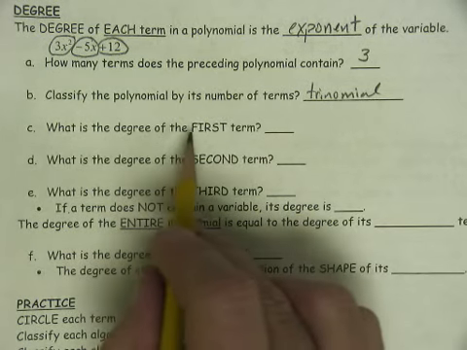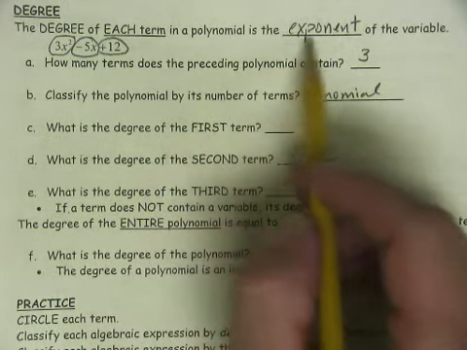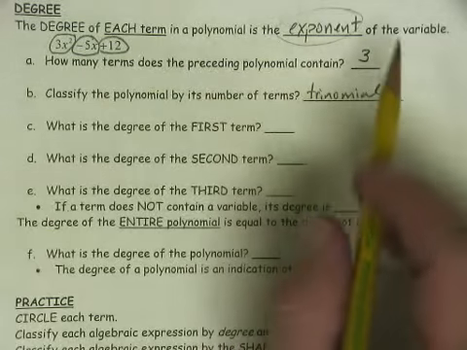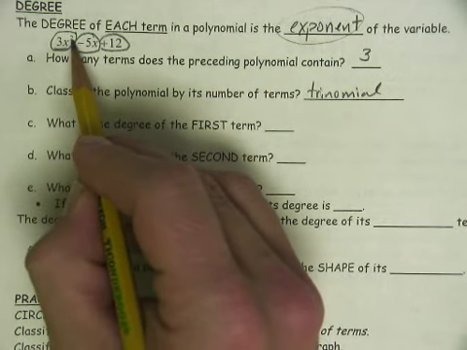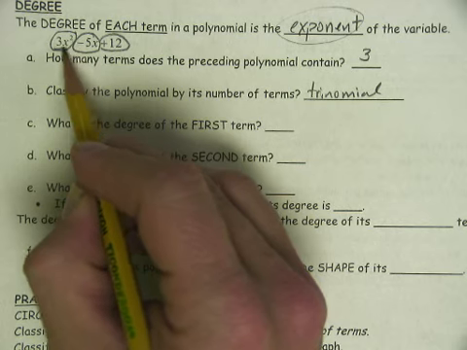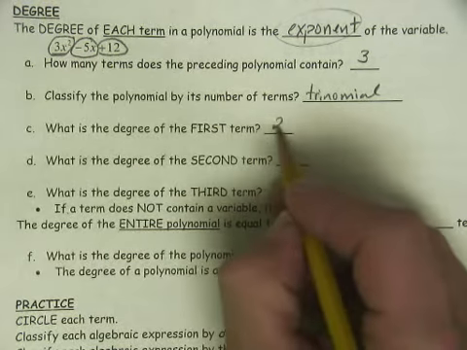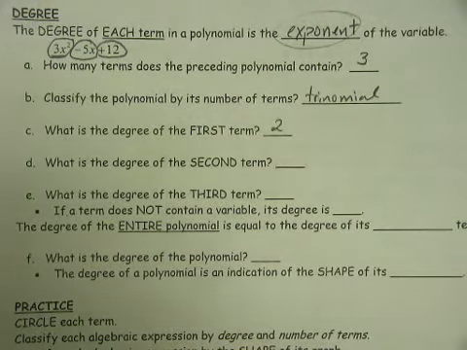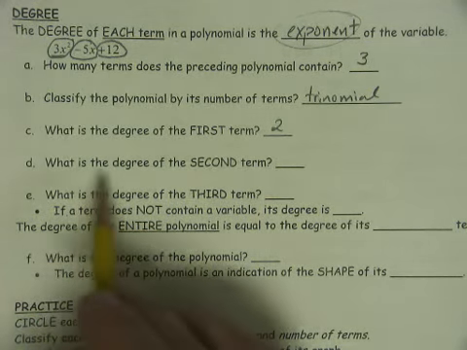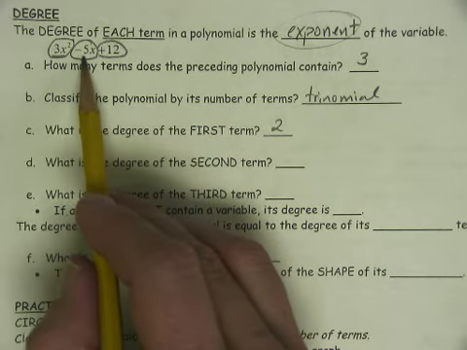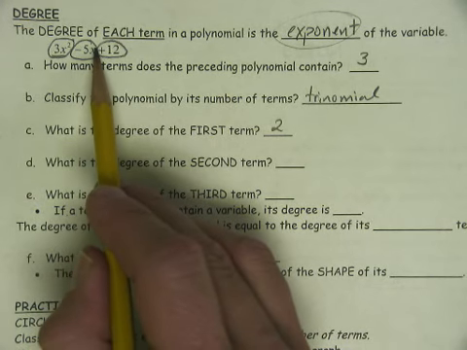What is the degree of the first term? All right, now this is where you have to find the exponents on the variable. So here's your first term, here's my variable, and there is its degree. So the degree of the first one is 2. The degree of the second term: here's the second term, here's the variable, and the exponent on that variable is a 1.